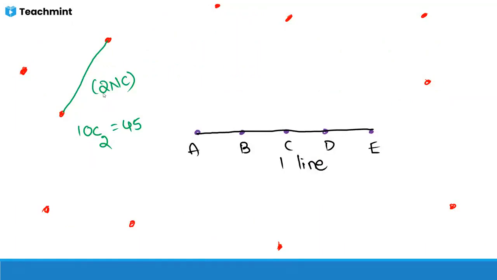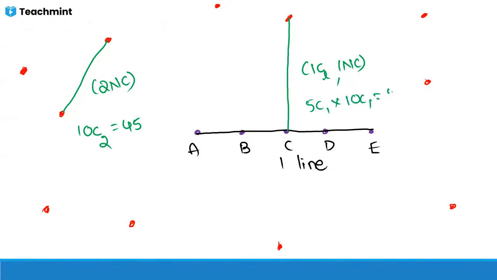The other thing you can do is take one collinear point and one non-collinear point. This is one collinear point, and one from the non-collinear. I'll write CL for collinear, otherwise people may confuse it, since C means combination as well. One from the collinear points, one from the non-collinear. In the sense, I have 5 collinear points, one from that, and 10 non-collinear points, one from that.